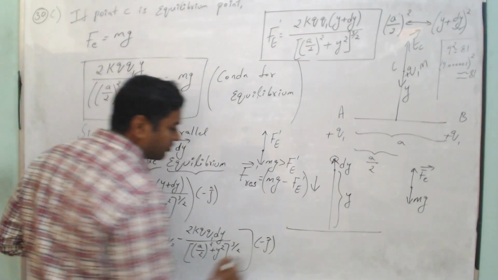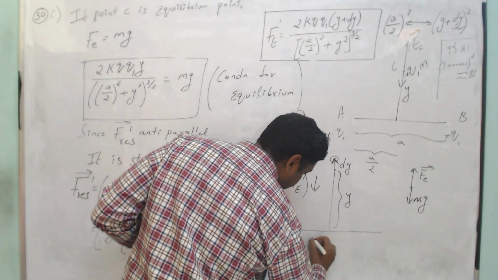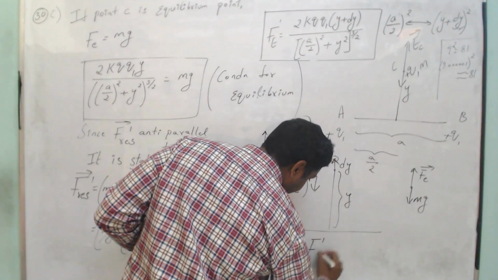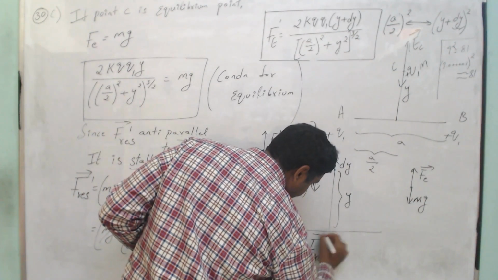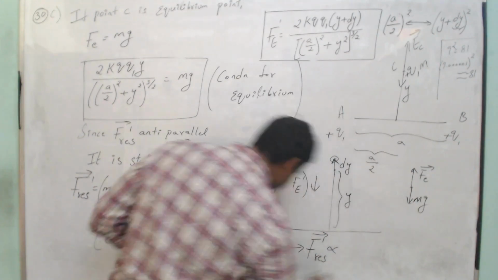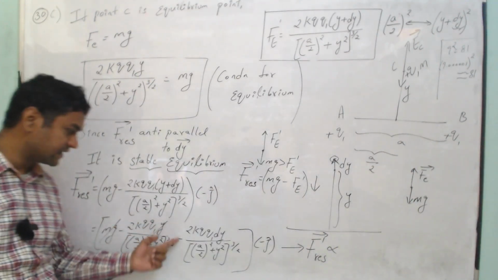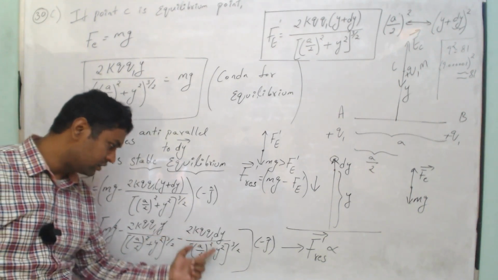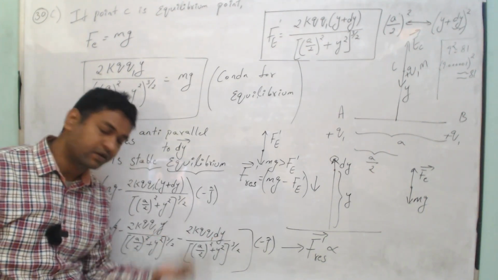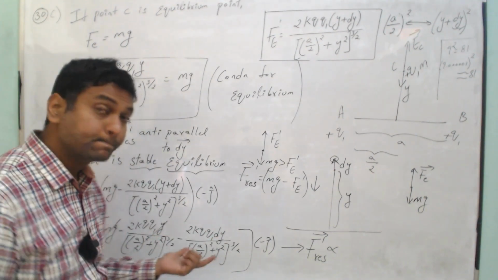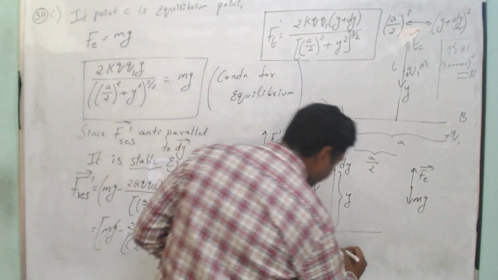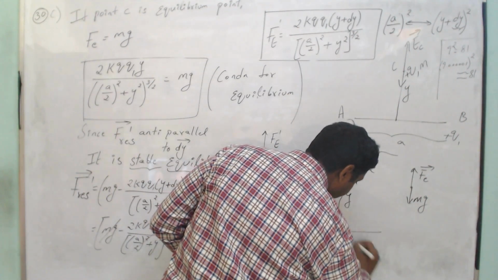See, simply what I'm trying to say is that my F dash resultant vector is proportional to, because everything is getting cancelled, and all these things are constants except for dy, right? My F dash is proportional to minus of dy vector.